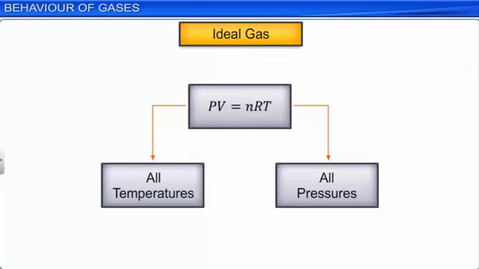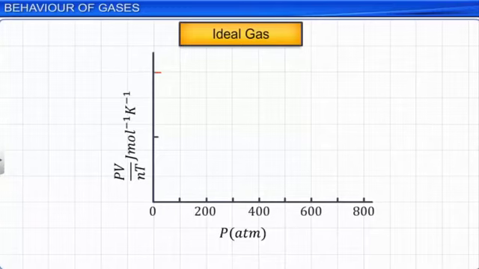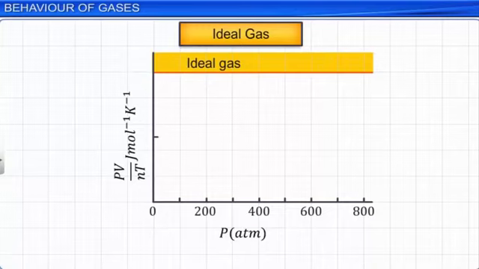If we plot a graph by taking pressure on the x-axis and PV/NT on the y-axis, the graph is a straight line parallel to the x-axis for an ideal gas. That is, the value PV/NT is constant even when pressure changes.